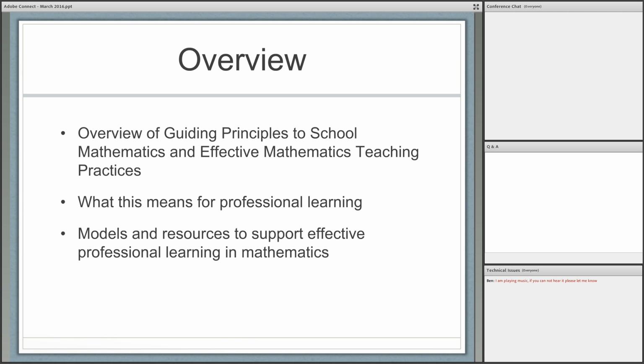Some of what we're doing today is, first of all, setting the stage with an overview of some guiding principles for school math, and then moving into what effective teaching and learning actually looks like. And of course, the implications for professional learning is why we're all here today: to talk about how we support teachers in enhancing math teaching and learning, and to give you some specific resources that I've found people have worked with that have been quite useful.